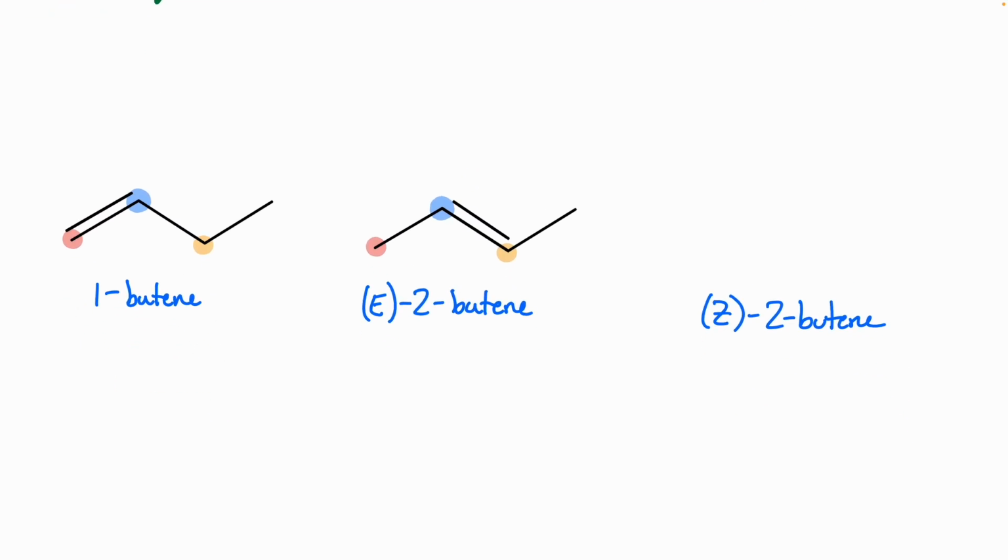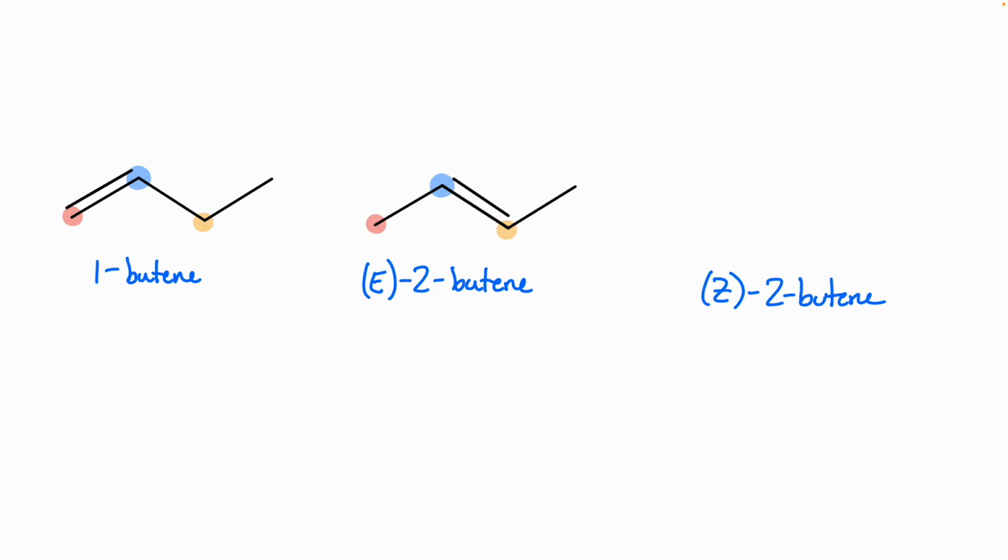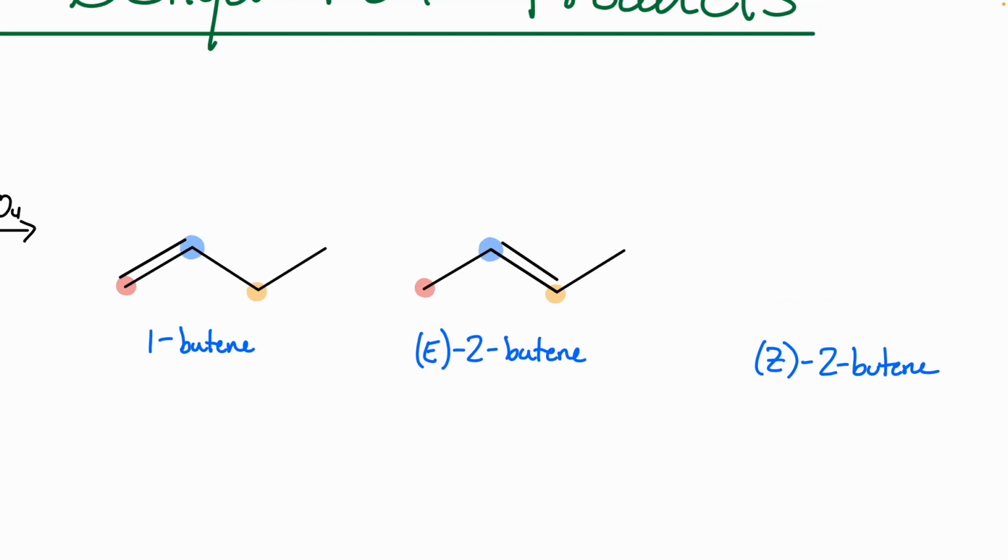All right, everybody take a second. Draw in that third product for me. So now I'll have those two methyl groups on the same side, my Z stereoisomer.